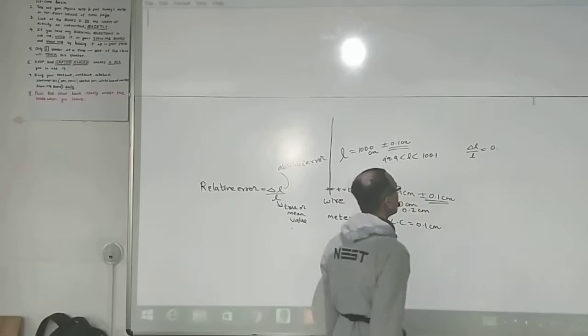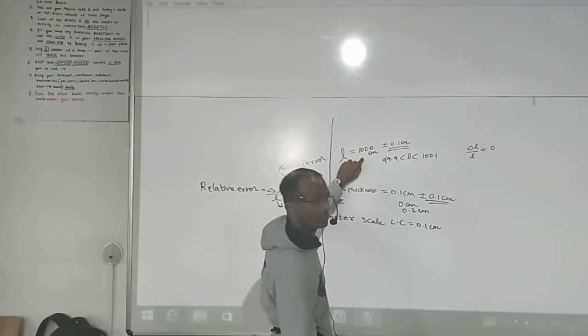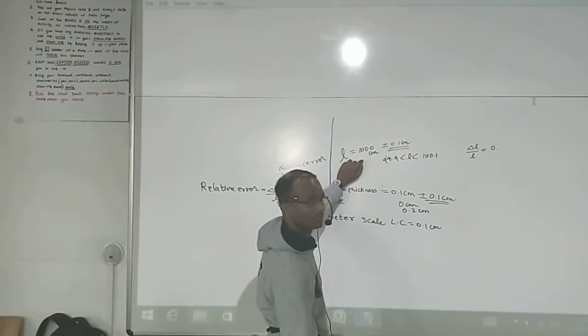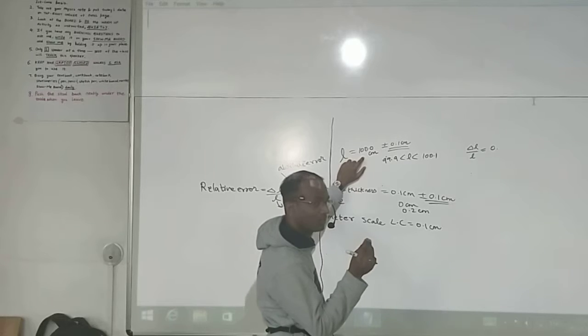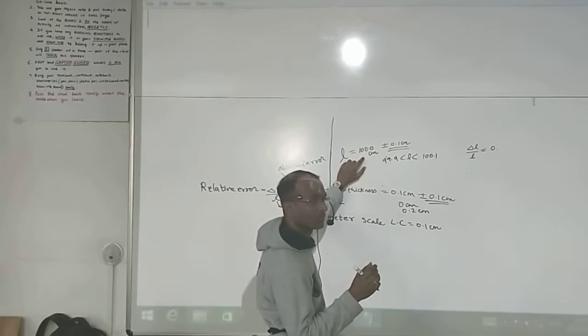Okay, Harry, tell me, what is the absolute error in this measurement? So it's delta L, right? Like we know its measurement is 100.0 centimeter, but what is the range in which it can lie? Plus or minus 0.1.